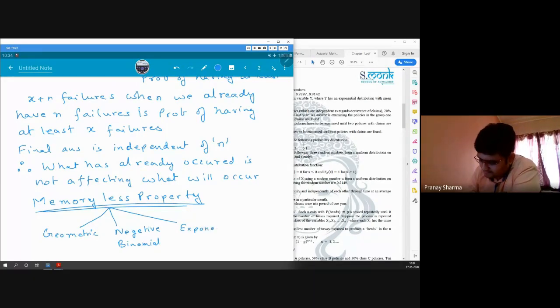If we have something that has already occurred, we can skip that. We don't need to use it to find our future value. Our past values are not at all affecting our future values, right? So that is called our memoryless property. No other distribution works the same way.